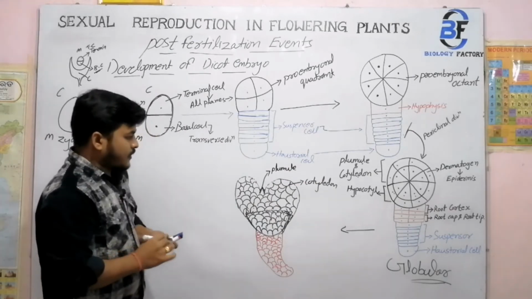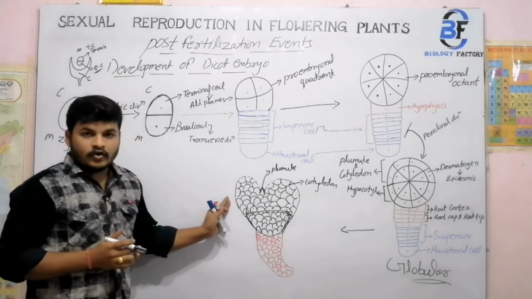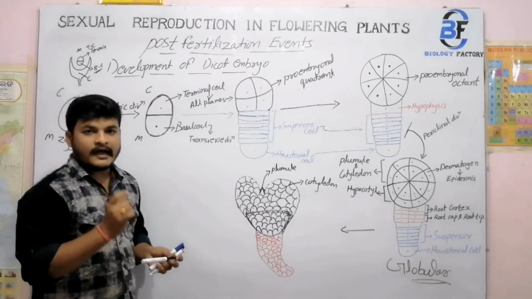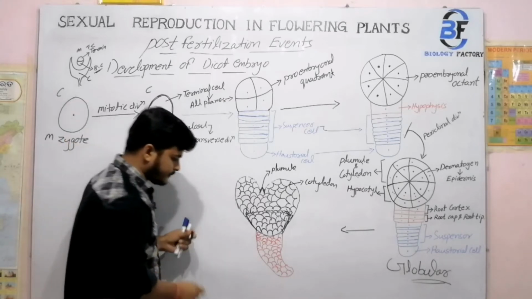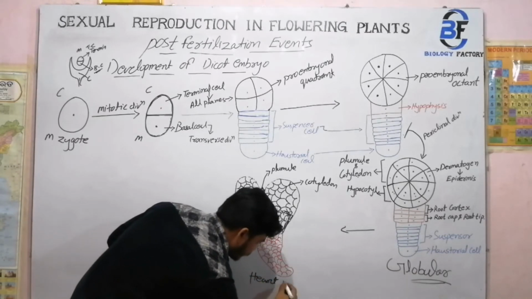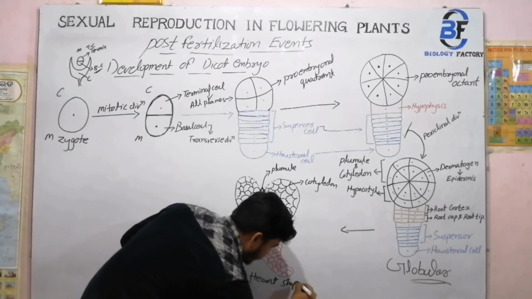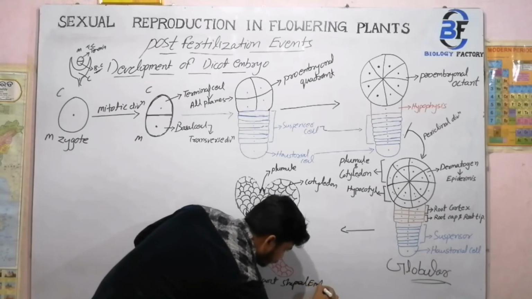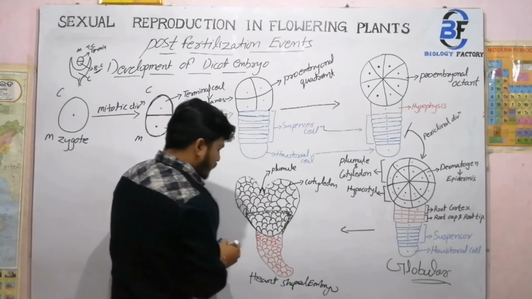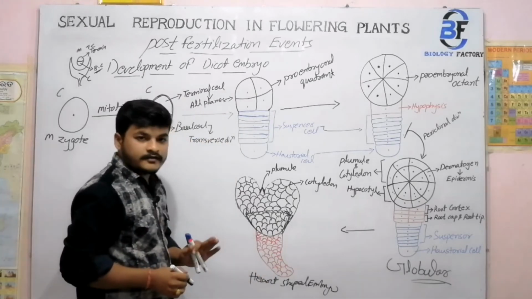The structure looks like a heart. So this shape is always known as a heart-shaped embryo. So here the heart-shaped embryo formation takes place.